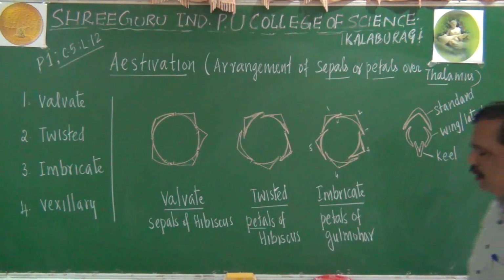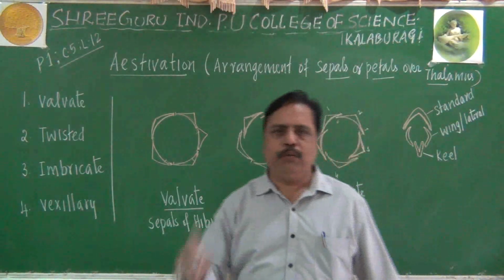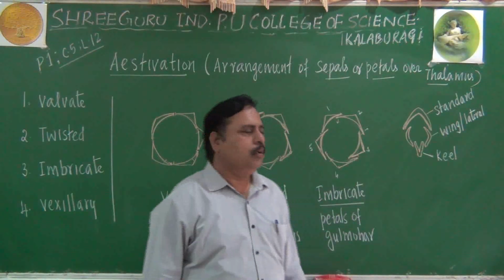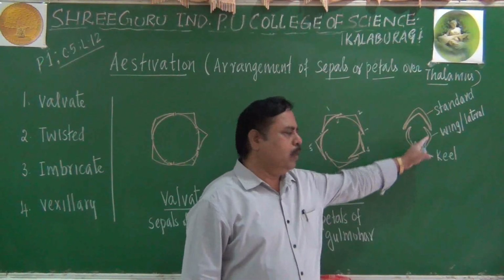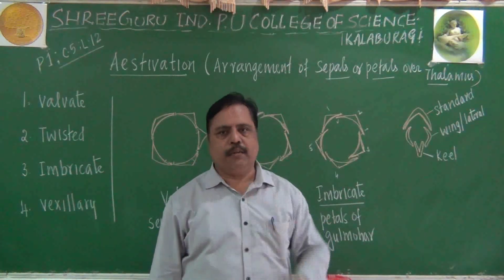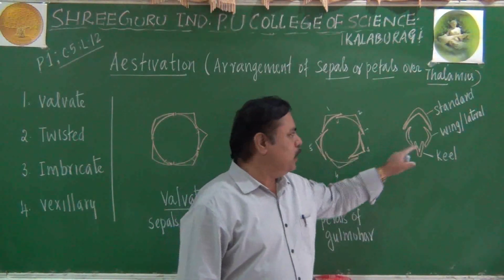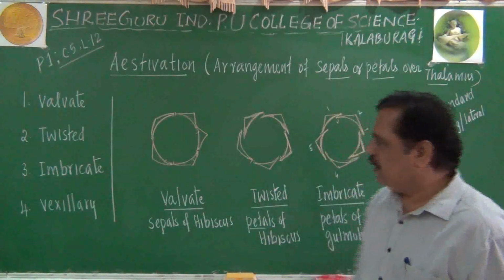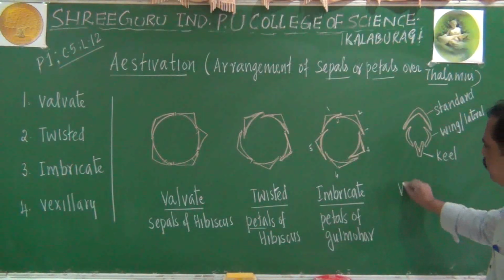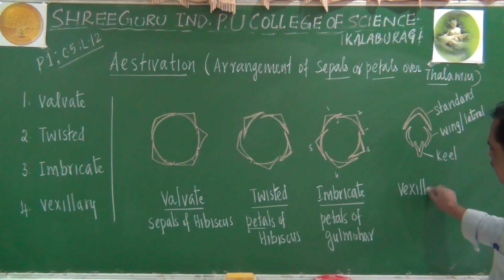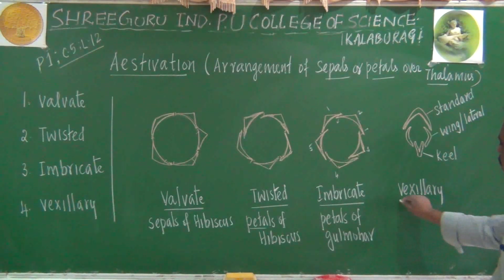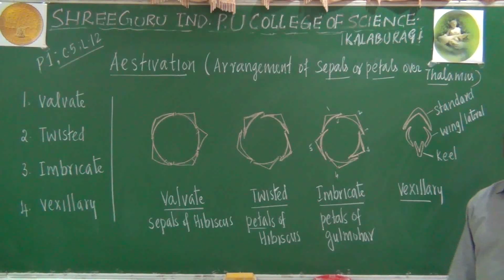Standard petal will be 1 in number. Wing petals are 2 in number. Keel petals are 2 in number. Such a condition is known as vexillary aestivation. It is called vexillary aestivation.